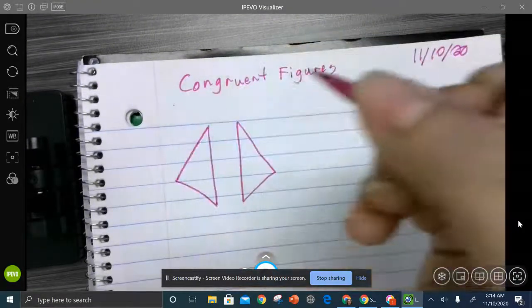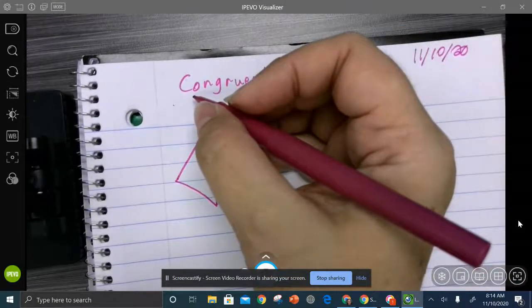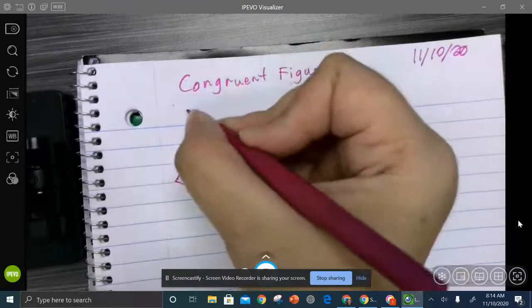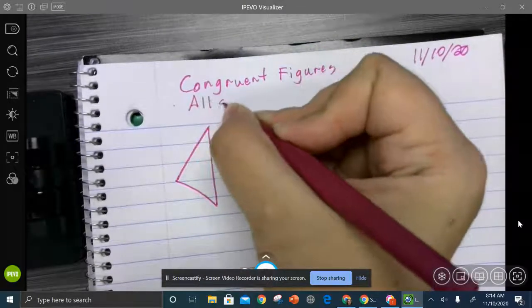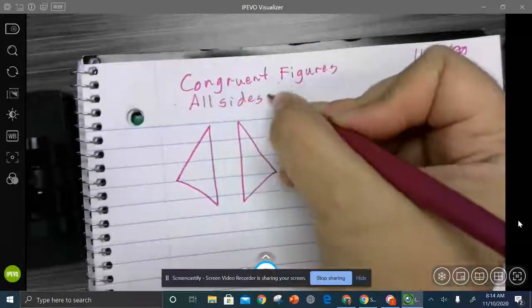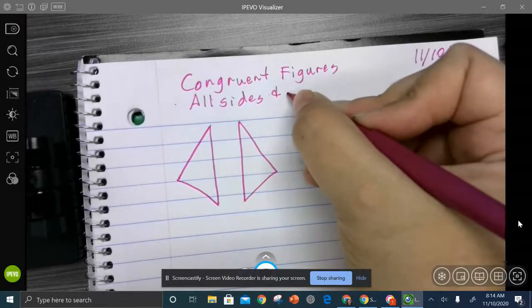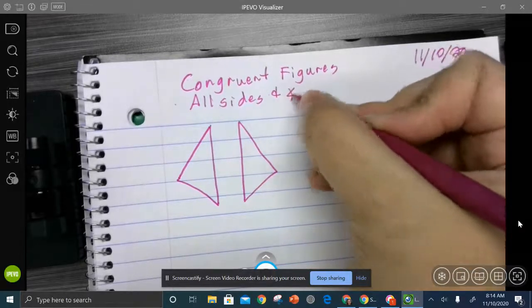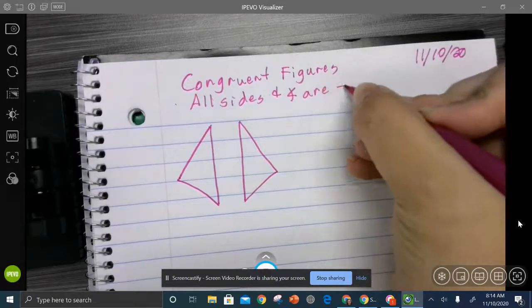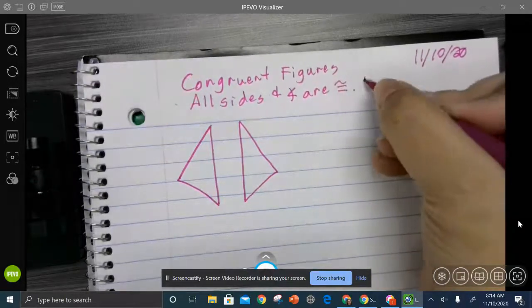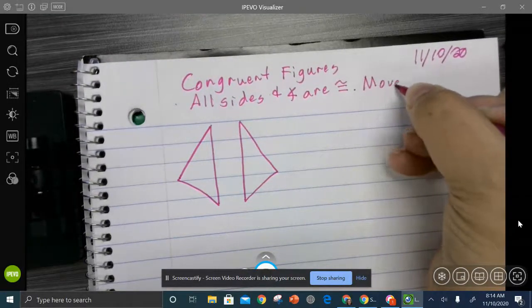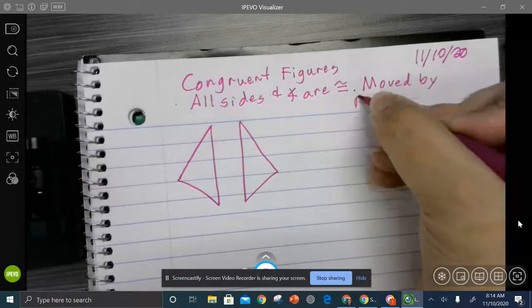Then what does it mean for figures to be congruent? So all the sides are congruent, and we can move it by rigid motion.